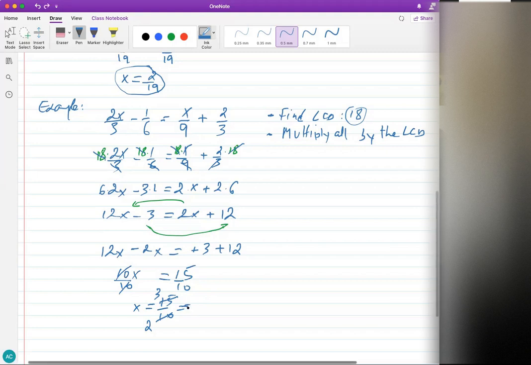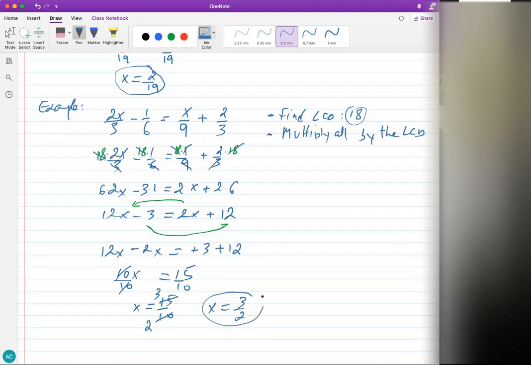But actually, let's write it down separately. Just going to have to rewrite it here. So x is 3 over 2, which is fine, and the answer can be a fraction. You just try to reduce it if possible, which we did, and that's your final answer.